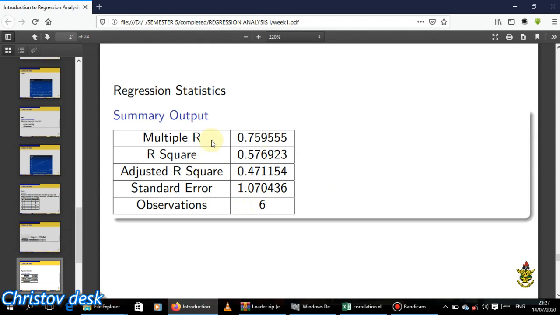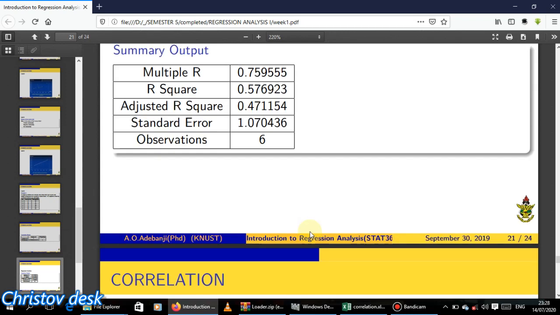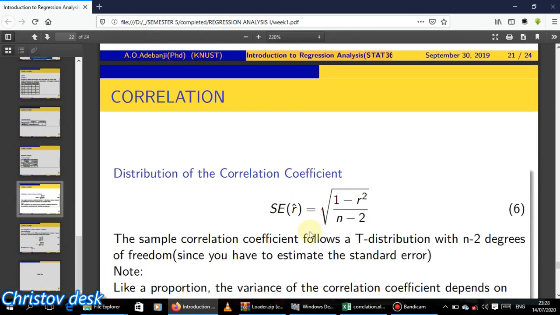You can see your regression output, the multiple regression, R. You can see your R squared. The R squared is what we actually use to measure the efficiency of your regression model. We have the adjusted R squared, standard error, and then the observations, okay. So this can be done in Excel so nicely.